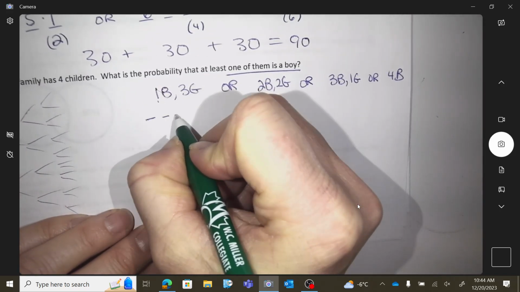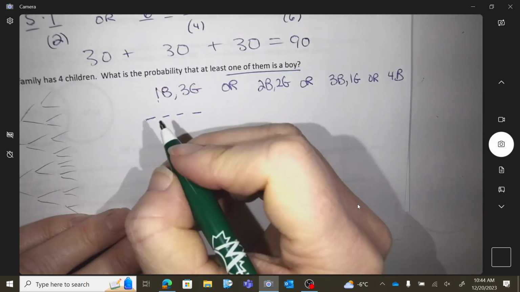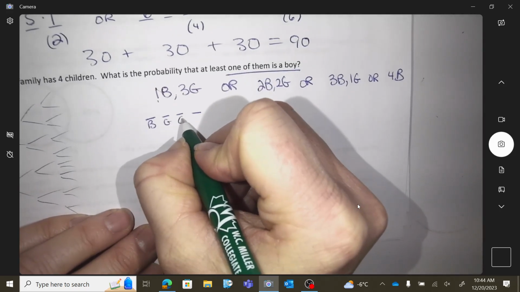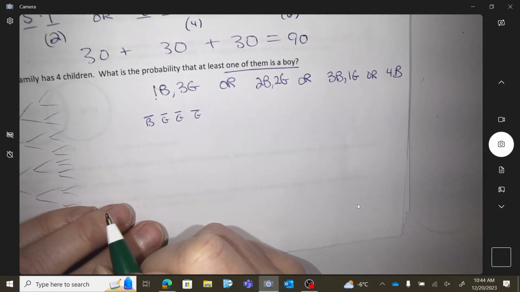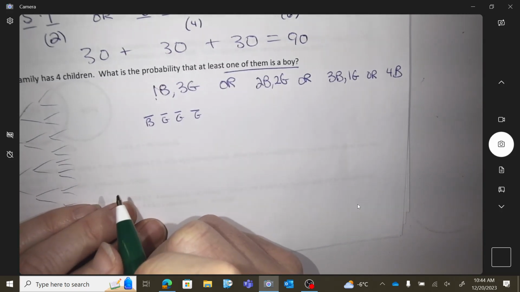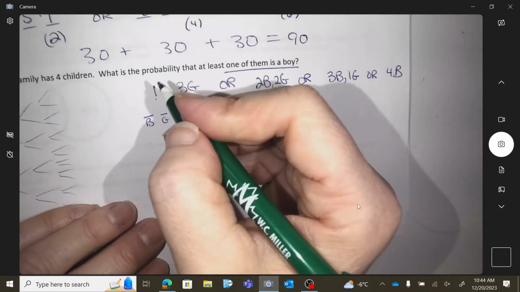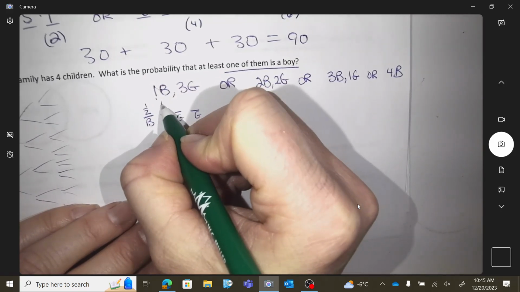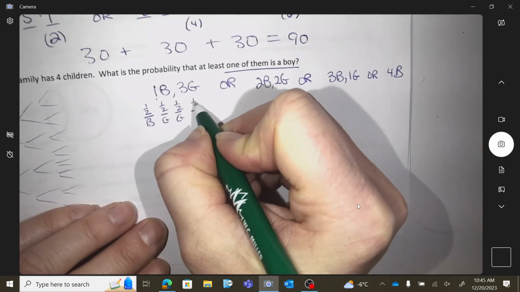So if I have 1 boy and I have 3 girls in this family, there's a half probability of a boy, half girl, half girl, half girl.